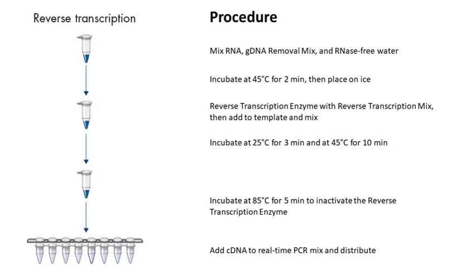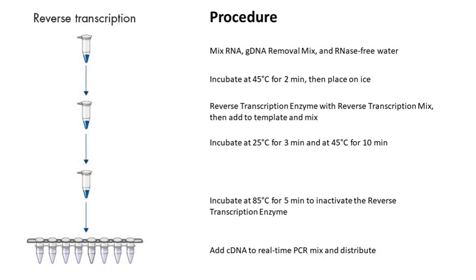So procedure. This is a flow chart which gives you the overall procedure. First, you need to make the first reaction mix. That is, we need to remove the genomic DNA from your sample, right? So for that, first we need to mix that RNA.